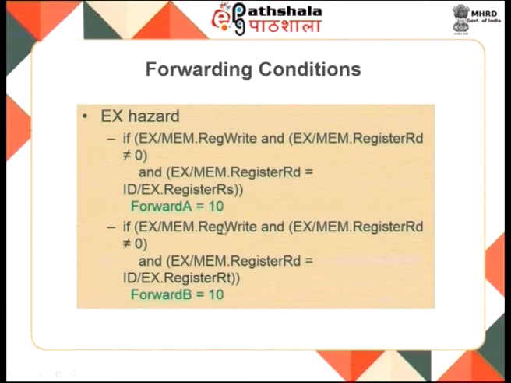Similarly, if it is a register write operation in EXMEM and it is not equal to register R0, and if your EXMEM RD matches the other register, which is register RT, the other source operand, then give the forwarding path B as 10.